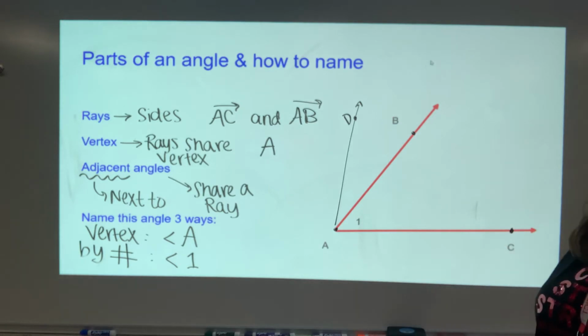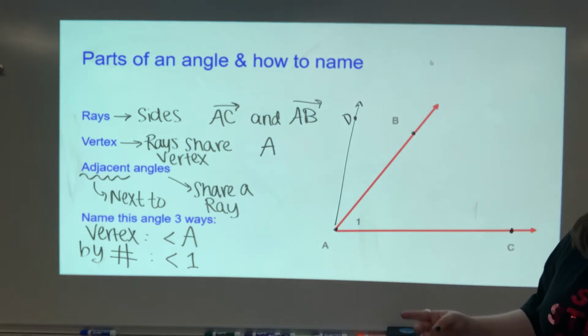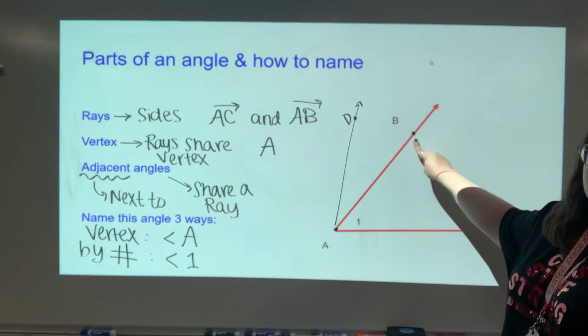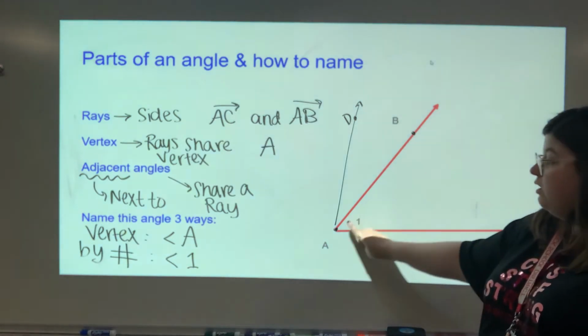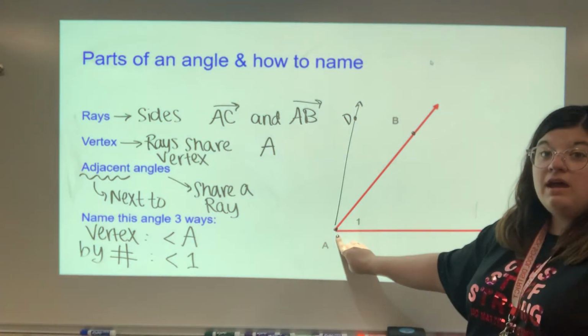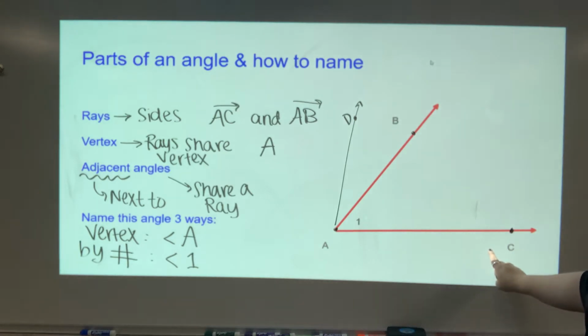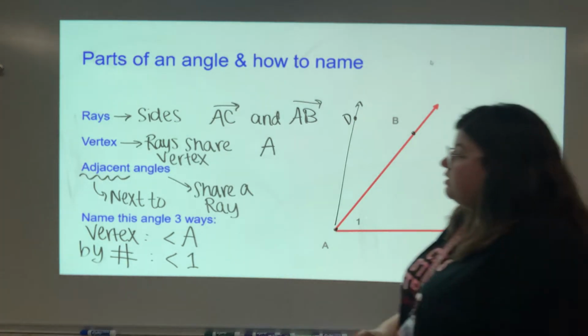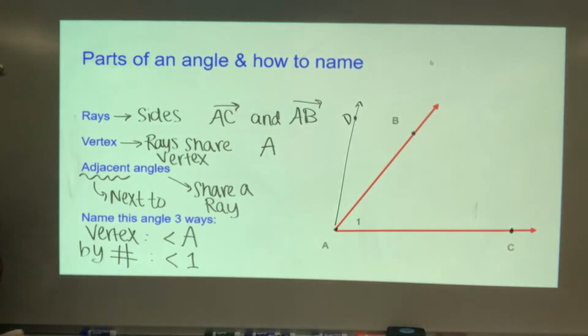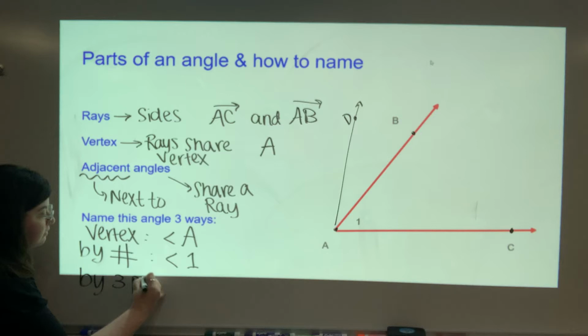And we always start naming our angles with one of the points on the ray, and then we go to the vertex, and then we end with another point on the other ray. So I think you can see, I'm also going to say by 3 points.